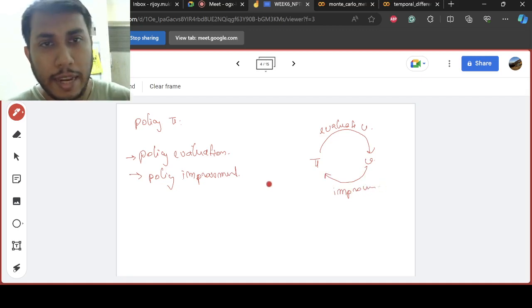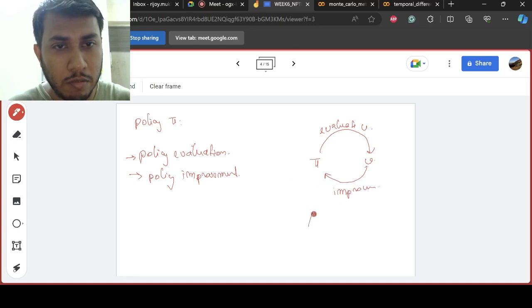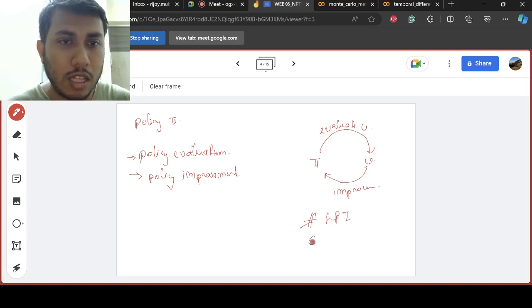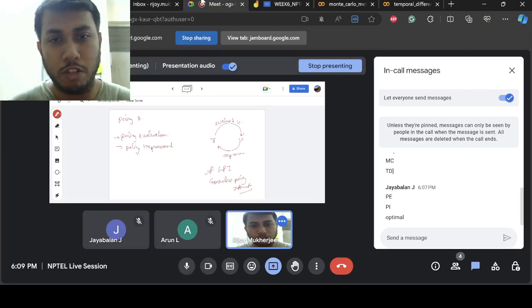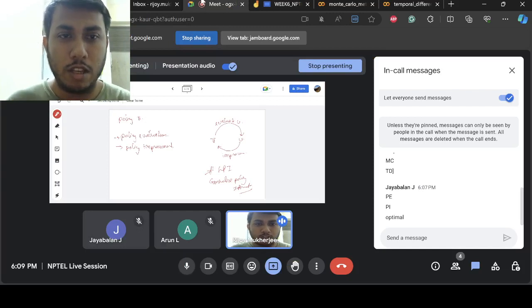This entire thing is called GPI, generalized policy iteration. This entire sequence, which you continue as long as you want, is your generalized policy iteration.